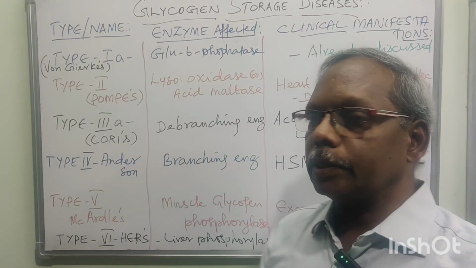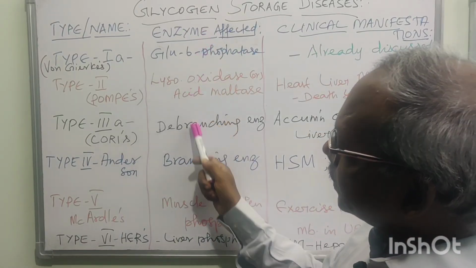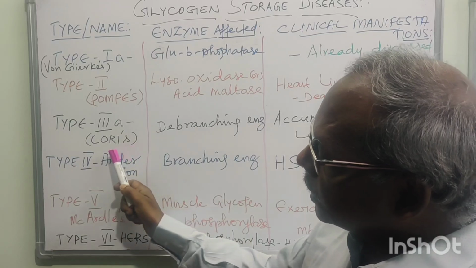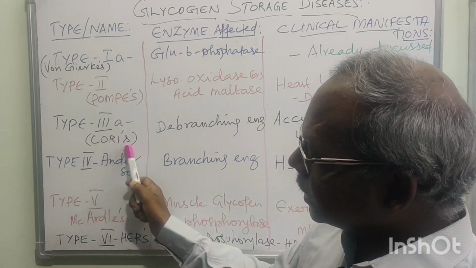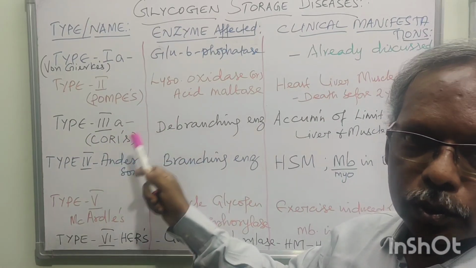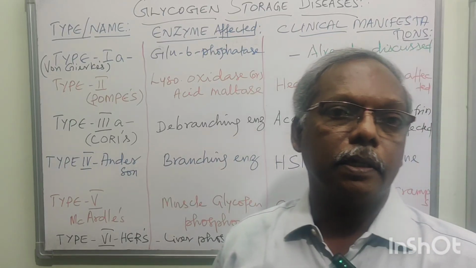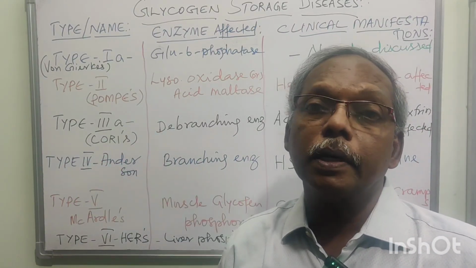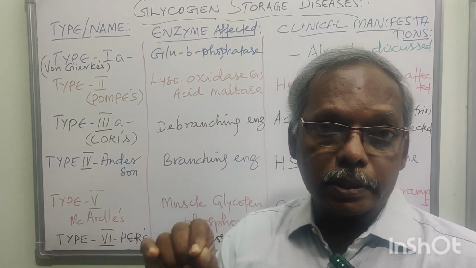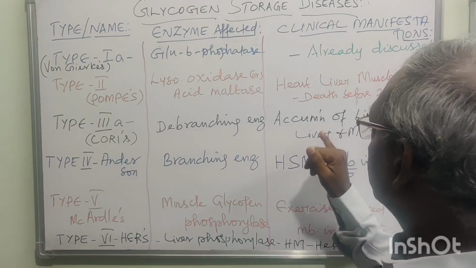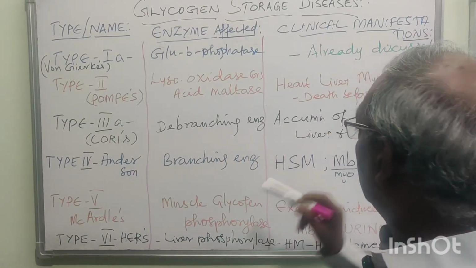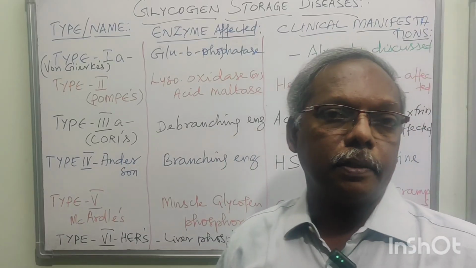Both are producing some diseases. Due to the defect of the debranching enzyme, the type is 3A and the name is Cori's disease. Here the problem is accumulation of limit dextrin. Limit dextrin is one of the important products of glycogen breakdown. That is also defective. Accumulation of limit dextrin, and the liver and muscle are also affected.